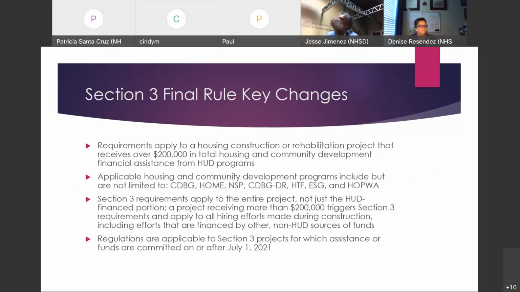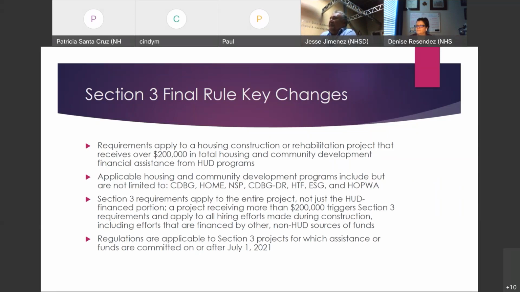Among those housing and community development programs, we have CDBG, HOME, NSP, CDBG-DR (Disaster Recovery), Housing Trust Fund, Emergency Solutions Grant, and HOPWA. So those are some of the programs where the funding would come from that would trigger these requirements.